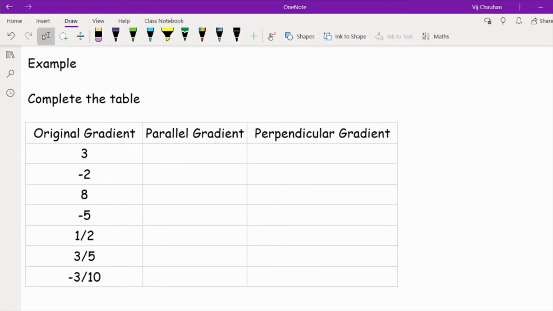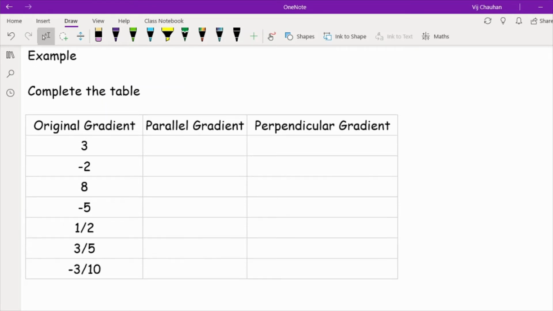In this particular example, we've been asked to complete this table. The first column is the original gradient. A parallel line would just have the exact same gradient. So that would be -5, this would be 1/2, this would be 3/5, and this would be -3/10.